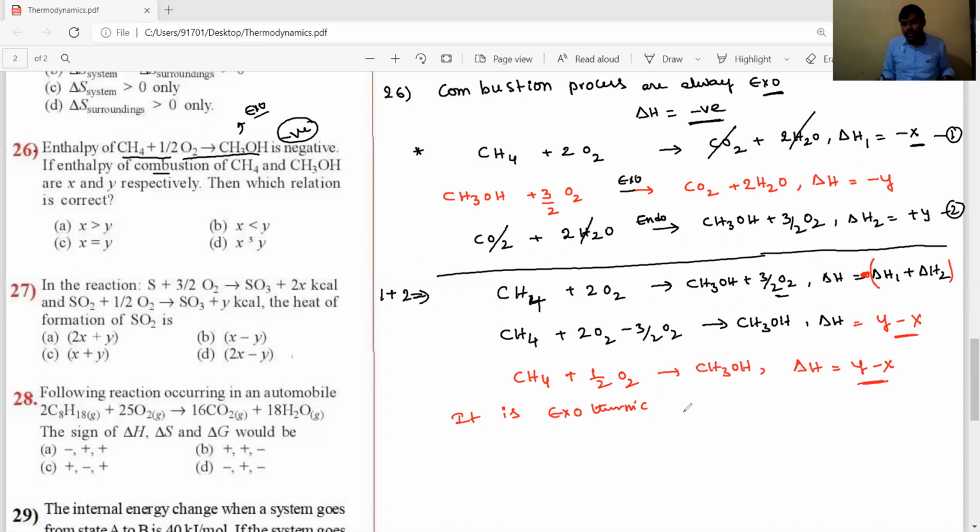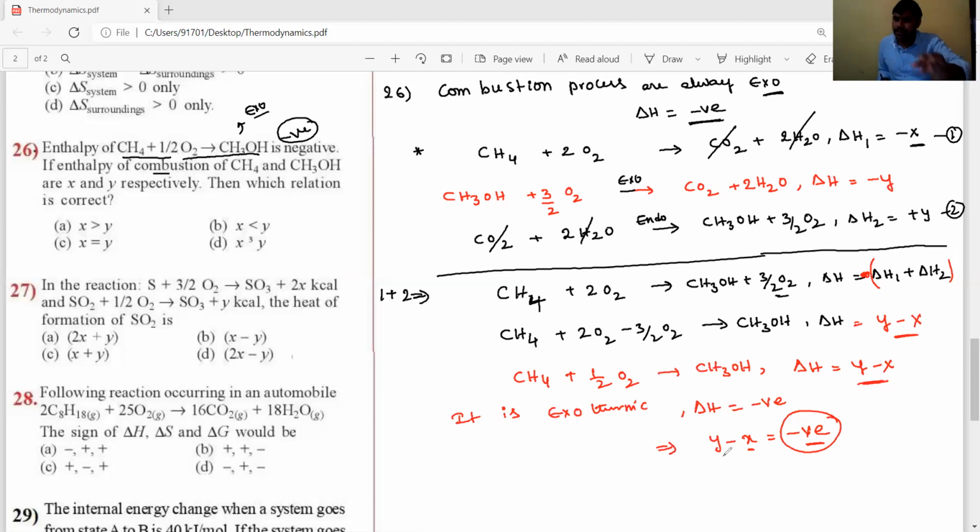Exothermic means delta H is negative. The delta H value we got, students, y minus x, has a negative sign.